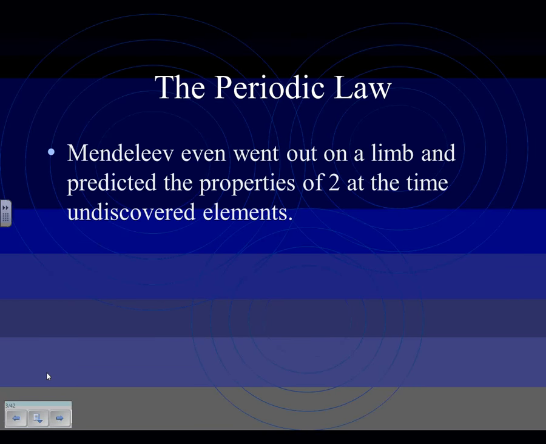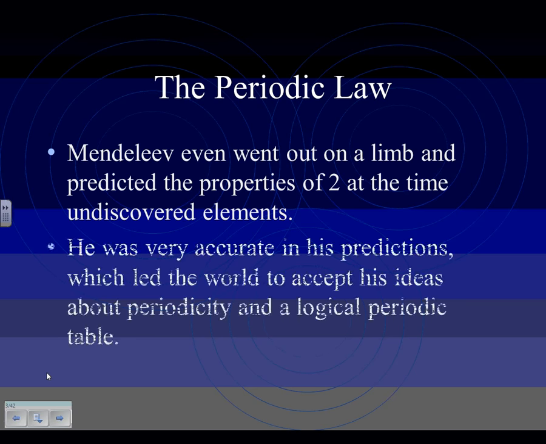In addition to coming up with the organized version of the periodic table, he went out on a limb and was able to predict, accurately, the properties of elements that had not even been discovered. His predictions led to the world accepting his ideas about the periodicity and the natural trends found on our modern periodic table.